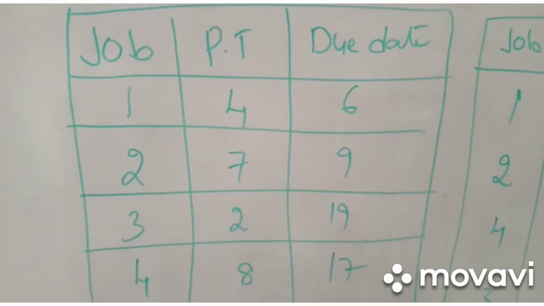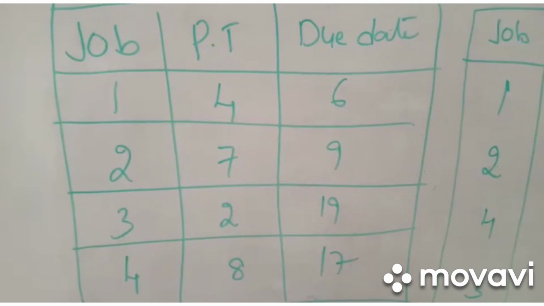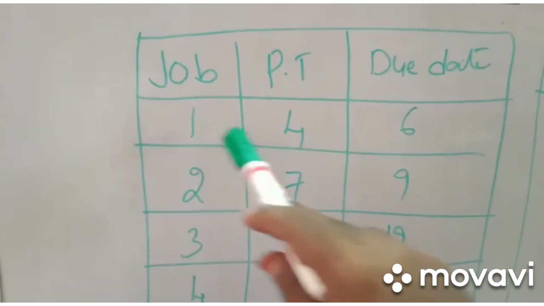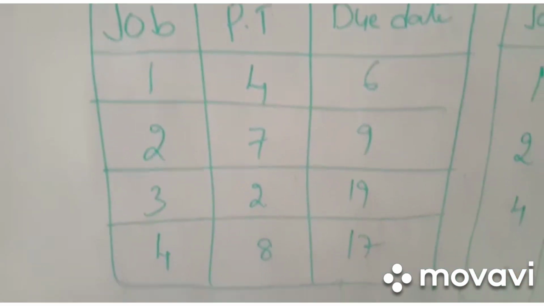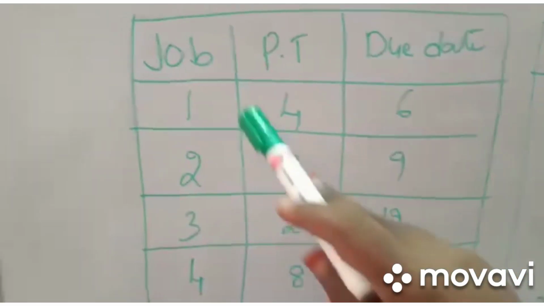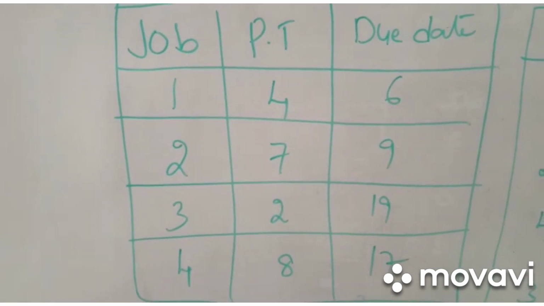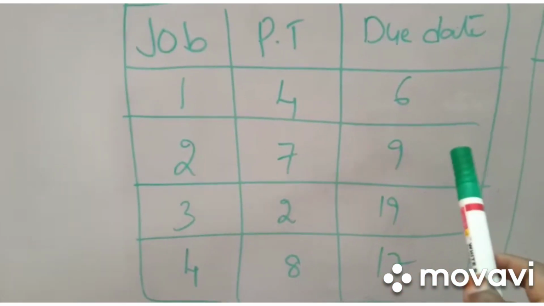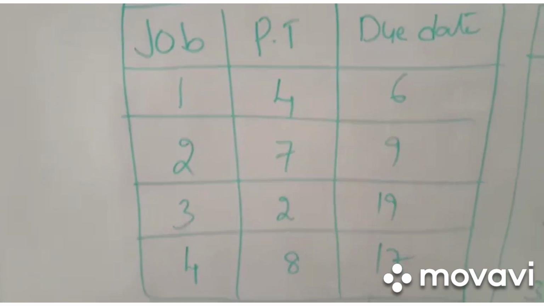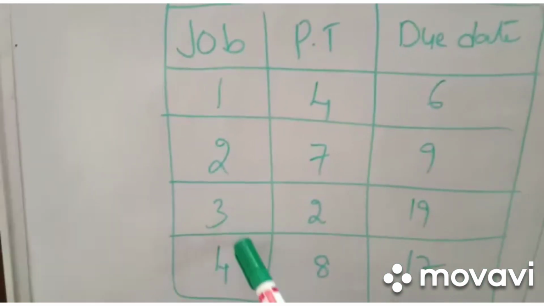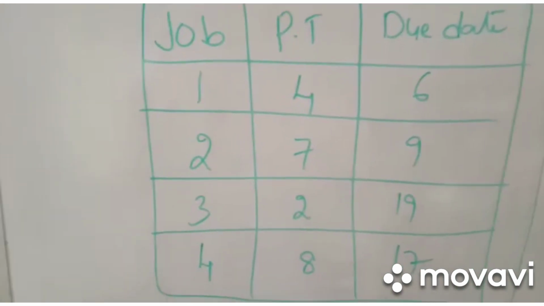First you select the lowest due date, and according to that you form a table. Job 1 has the lowest due date among all 4 jobs, due date 6. The next is the second job, with 9, then job 4 with due date 17, and the third one is job 3, with 19.